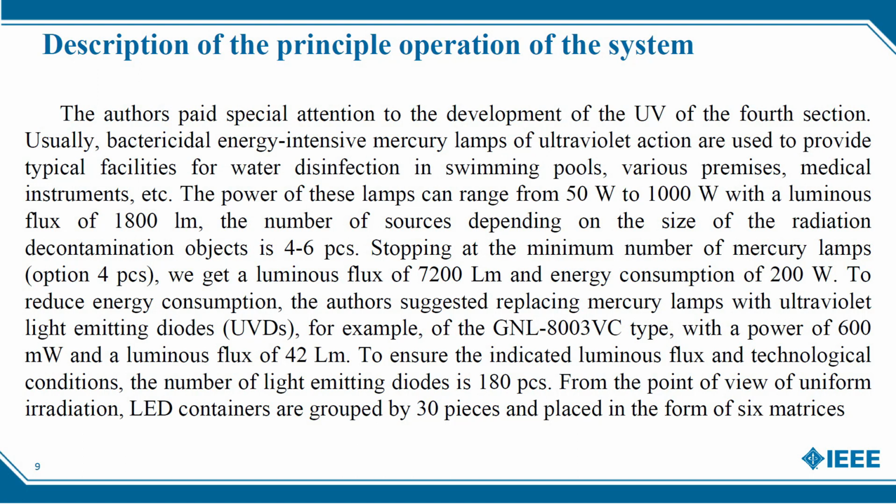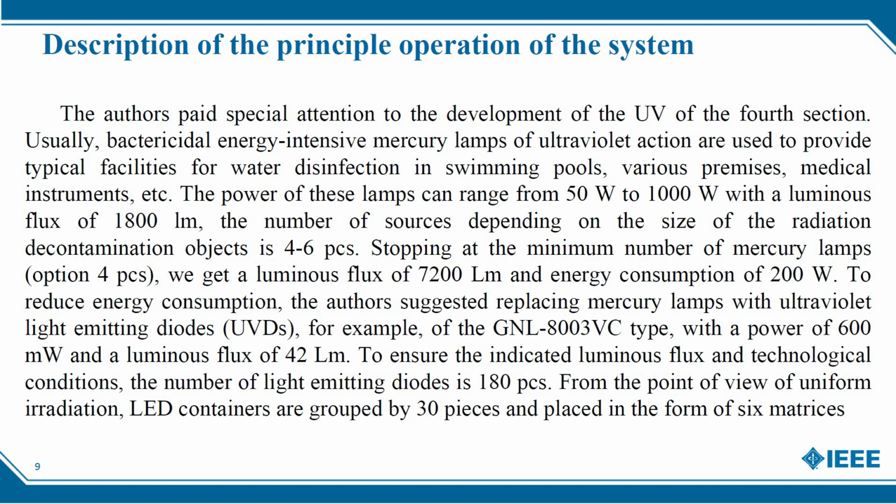The authors paid special attention to the development of the ultraviolet section, the fourth section. Usually bactericidal, energy-intensive mercury lamps with ultraviolet action are used in typical facilities for water disinfection, swimming pools, various premises and medical instruments. The power of these lamps can range from 50 watts to 1000 watts, with a luminous flux of 1800 lumen.